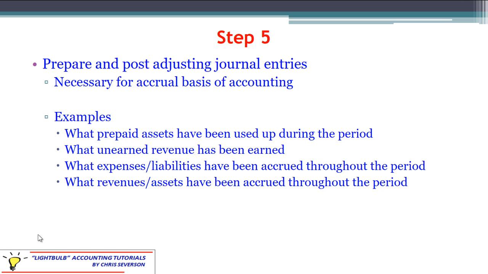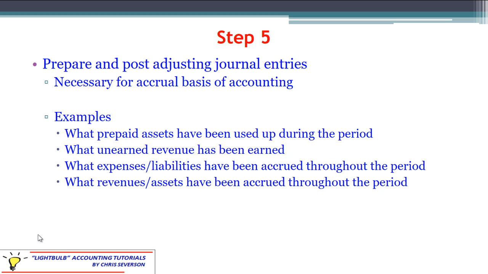Some of the examples we're going to look at: what prepaid assets, like prepaid rent and prepaid insurance, which are all discussed in other modules, have been used up during this period? That would be an adjusting entry to record the use of those assets.